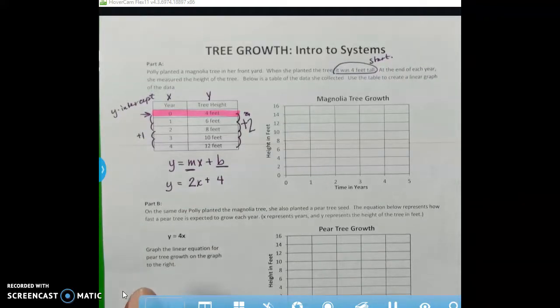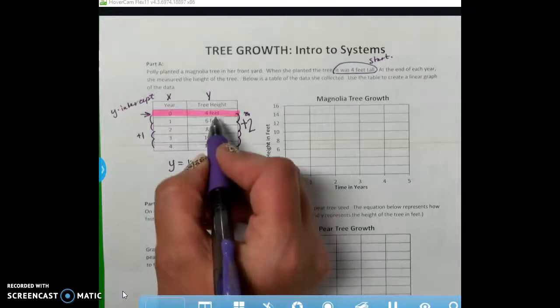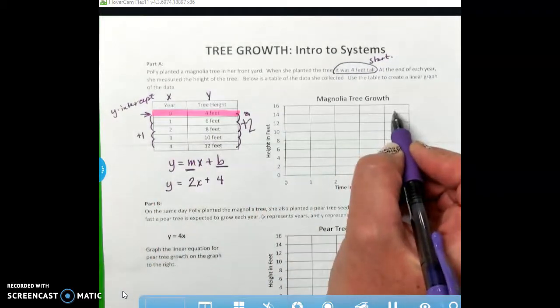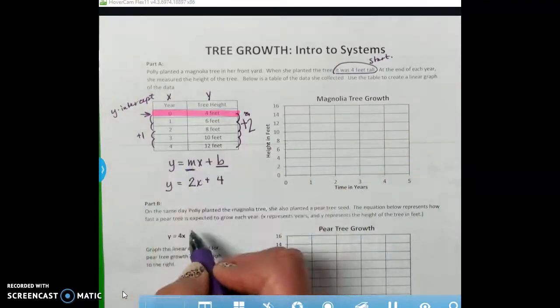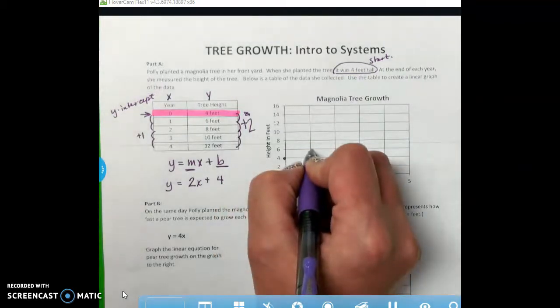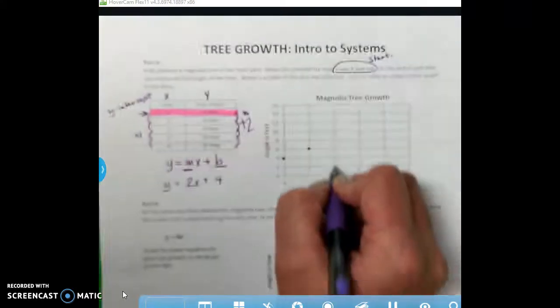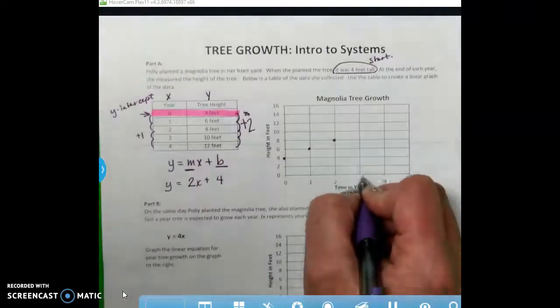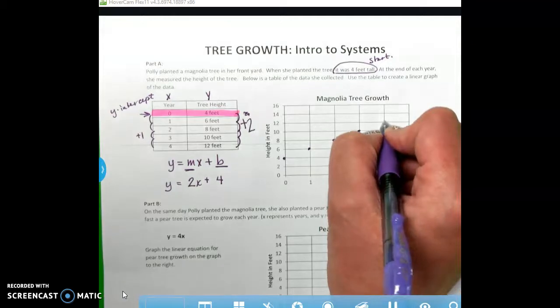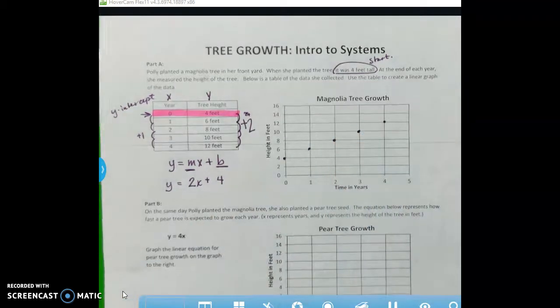When you have your table, you can also use these points as your points on the coordinate plane. These data points become your coordinate points: 0 and 4, 1 and 6, 2 and 8, 3 and 10, 4 and 12. Boom, that's the recording that she has, okay?